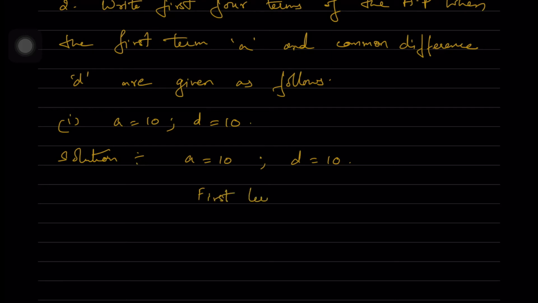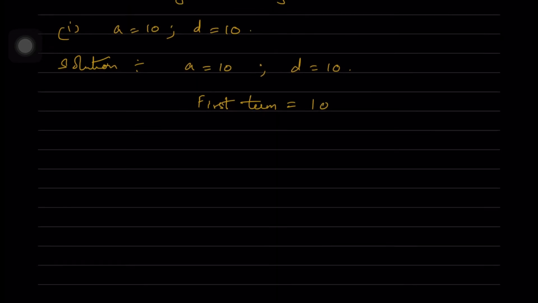So the first term is equal to A, that is 10. The second term is equal to a plus d, that is 10 plus 10, which is equal to 20.